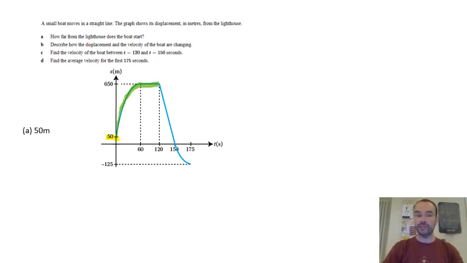Then we've got a straight line as we get back to the time axis again, and then we notice that continues until the line becomes flat again, or it looks like it's become flat at 175 seconds. We notice that 650 is positive, minus 125 is negative. How might we describe that journey?